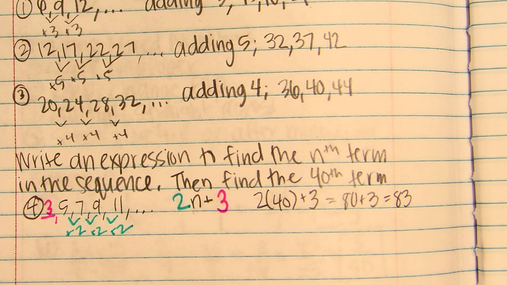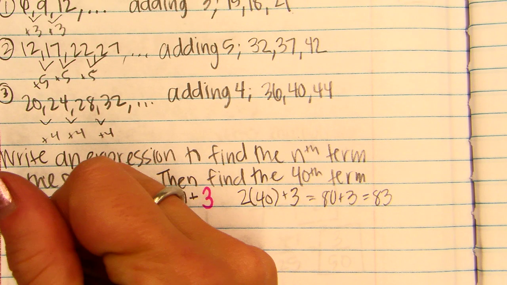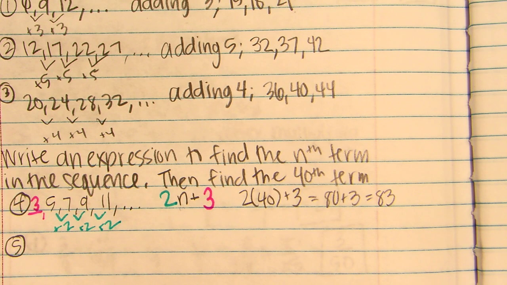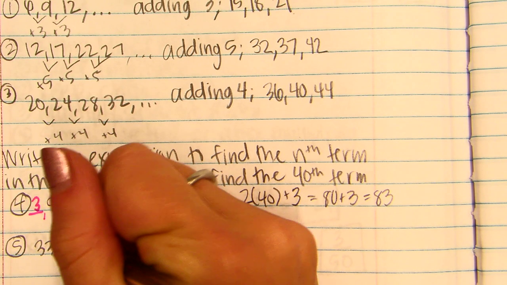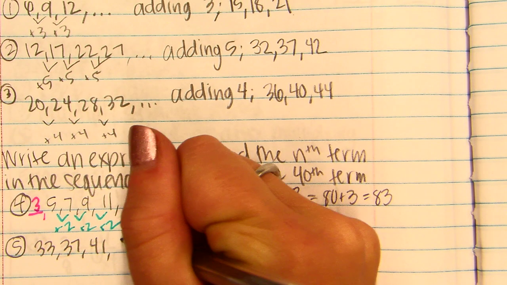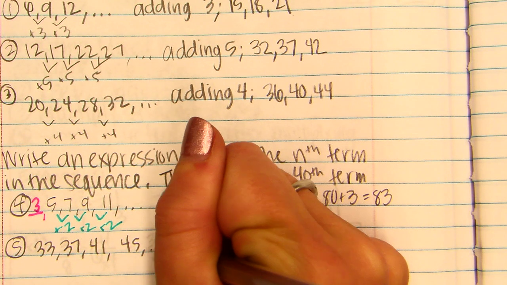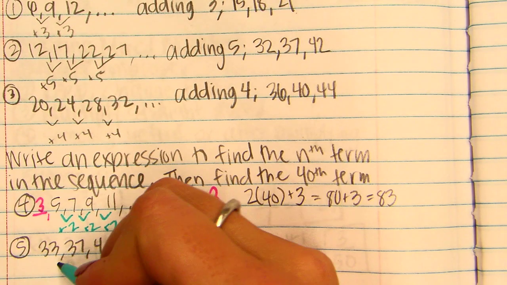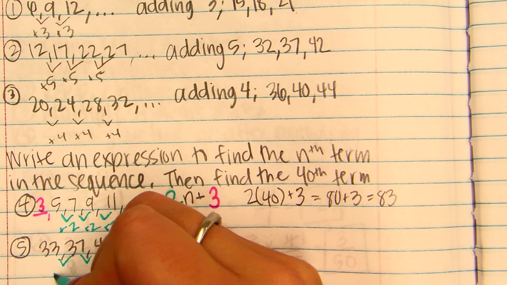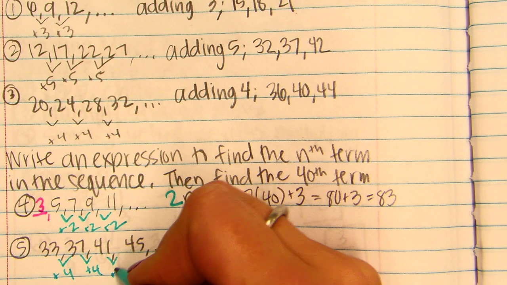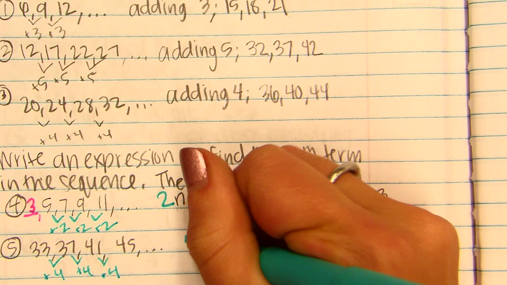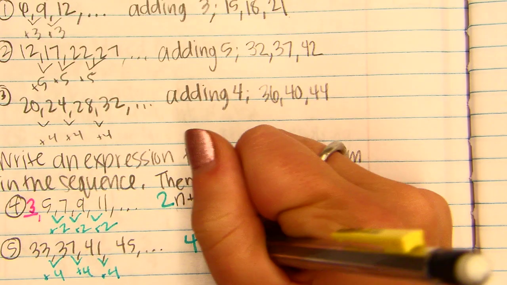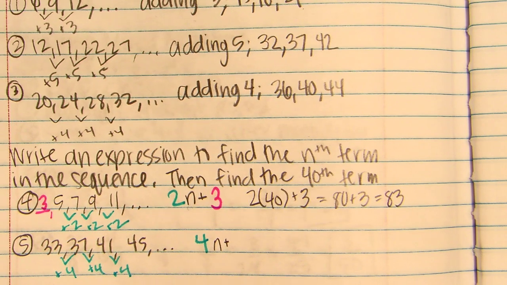Okay, let's do one more of these. Let's do, for example 5, 33, 37, 41, 45. We're going to do the same thing here. First I'll look and I'll see what my pattern is. And I'm adding 4 every time. So I know it's going to be 4 times n plus whatever came before.